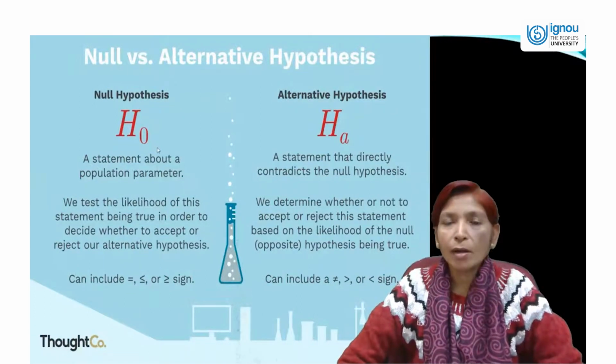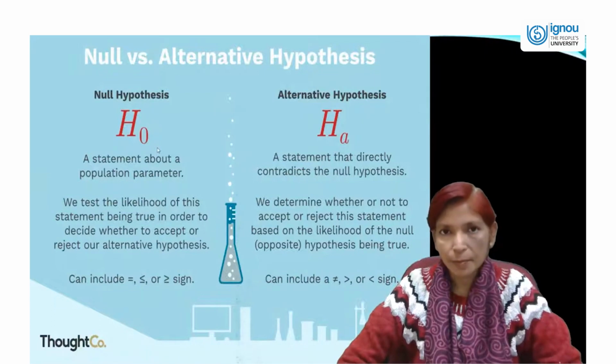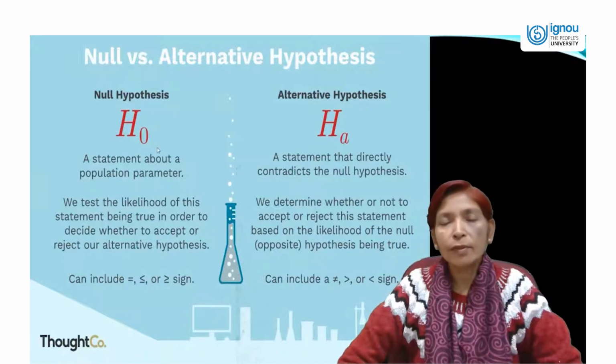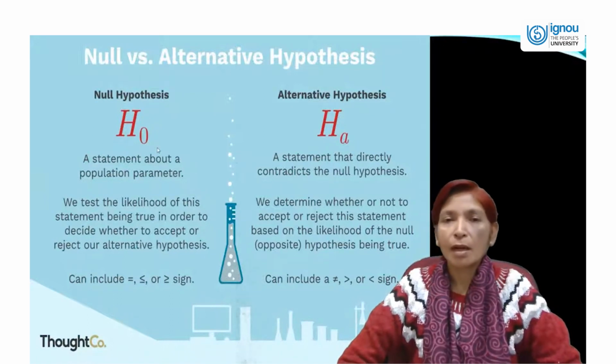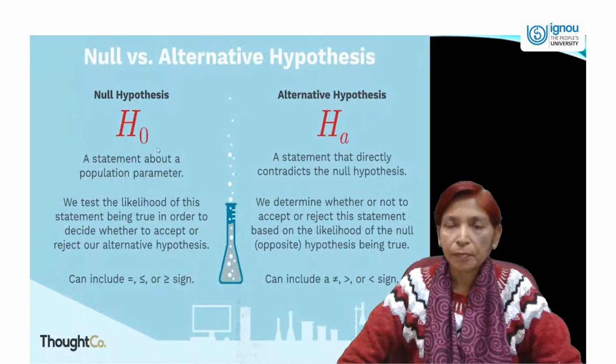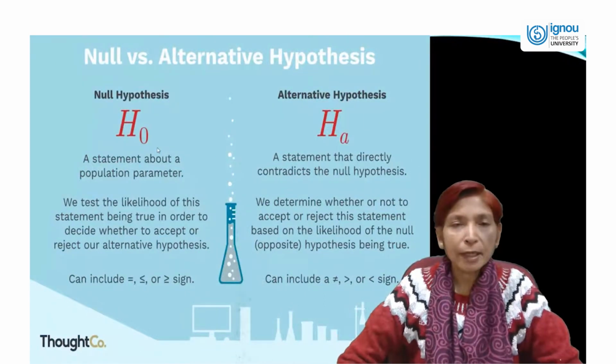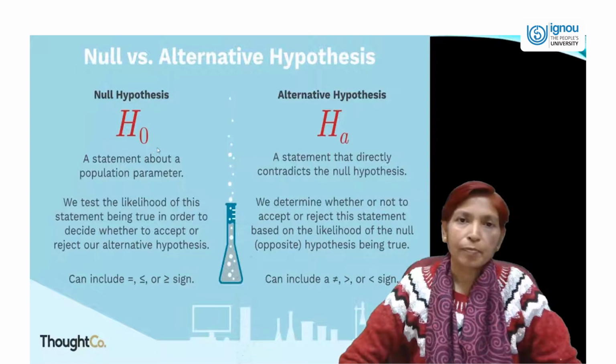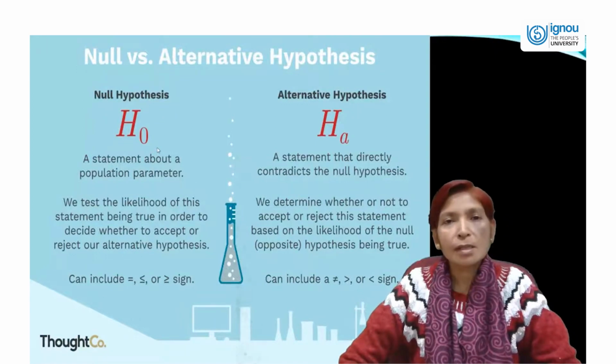And next is the alternative hypothesis. If the null hypothesis is rejected, then the alternative hypothesis will come into action. Otherwise, if the null hypothesis is accepted, then there is no need to use the alternative hypothesis. The alternative hypothesis is denoted by HA.